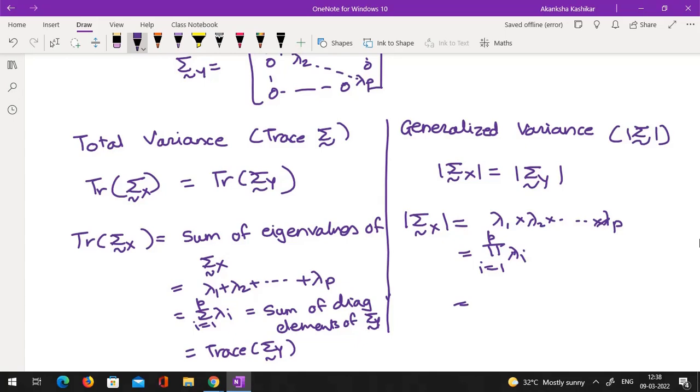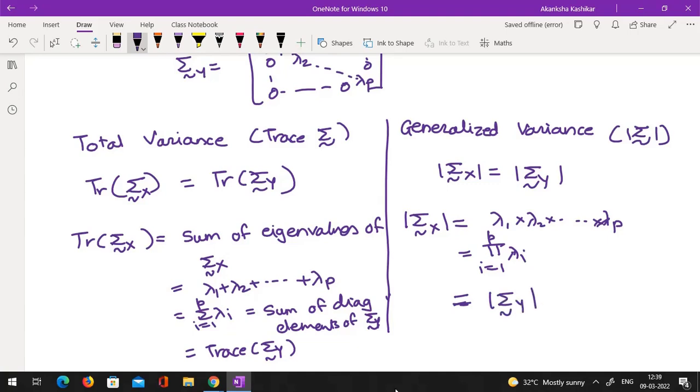And we can see here sigma y is a diagonal matrix. What do I know about the determinant of a diagonal matrix? Product of diagonal entries, correct. So this would be determinant of sigma y.